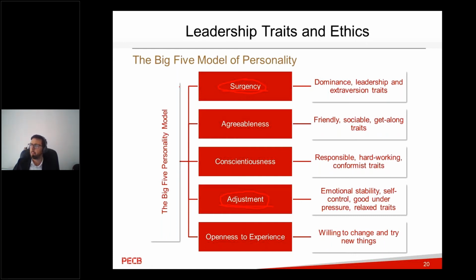Now we come to the context of dominance that we discussed earlier. When we talk about dominance here, people who have strong surgency also tend to have personality traits related to dominance.